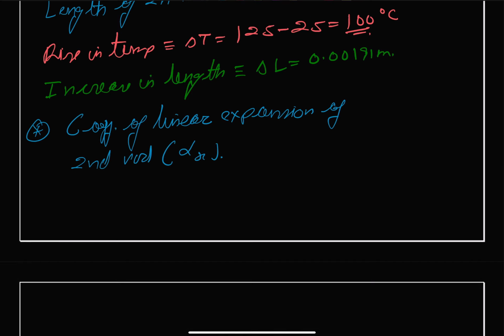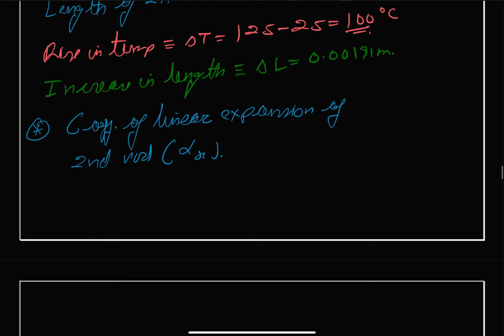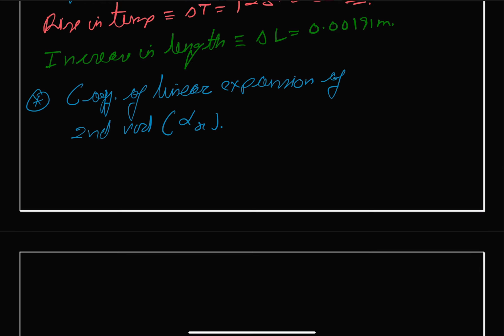In this case, we are going to use the formula which gives us that the total expansion is the sum of the individual expansions, when the rod is free to expand. Expansion is only possible when the rod is free to expand.